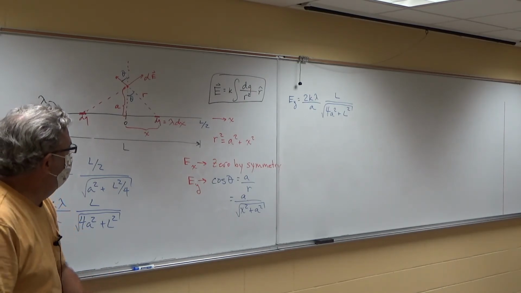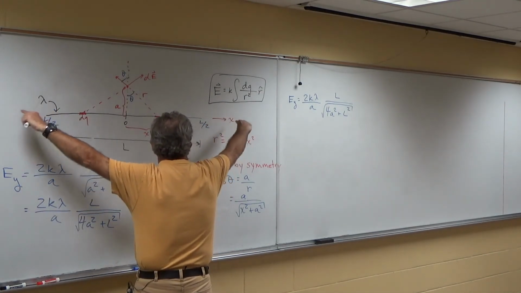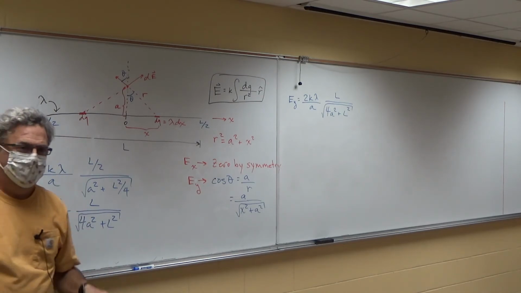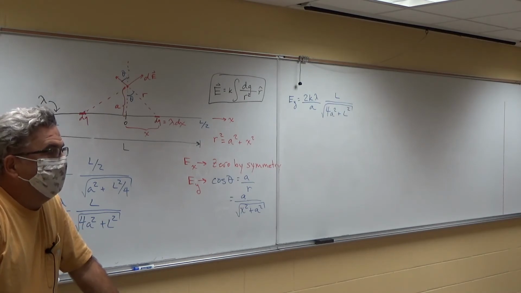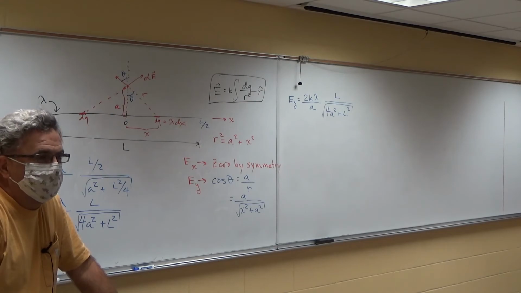All right, question. What happens to this expression if I let L go to infinity? Does it blow up? I'm going to take the limit as L goes to infinity. Why is this useful?